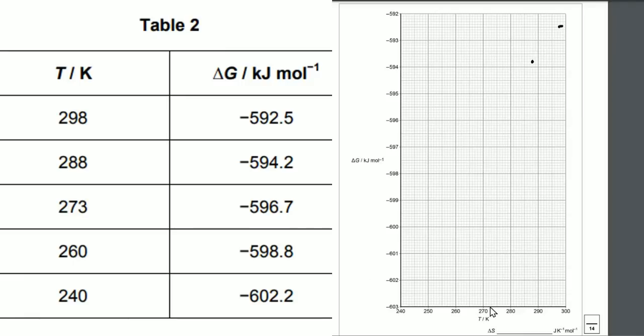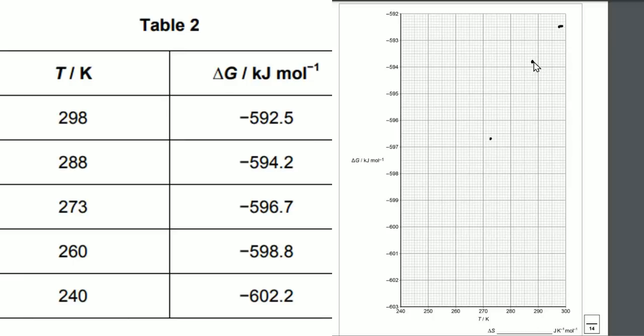So all you've got to do is plot the points on. So go 298 at 298. What's the temperature? So at 298, it's minus 592.5 kilojoule per mole. That's the free energy, delta G.